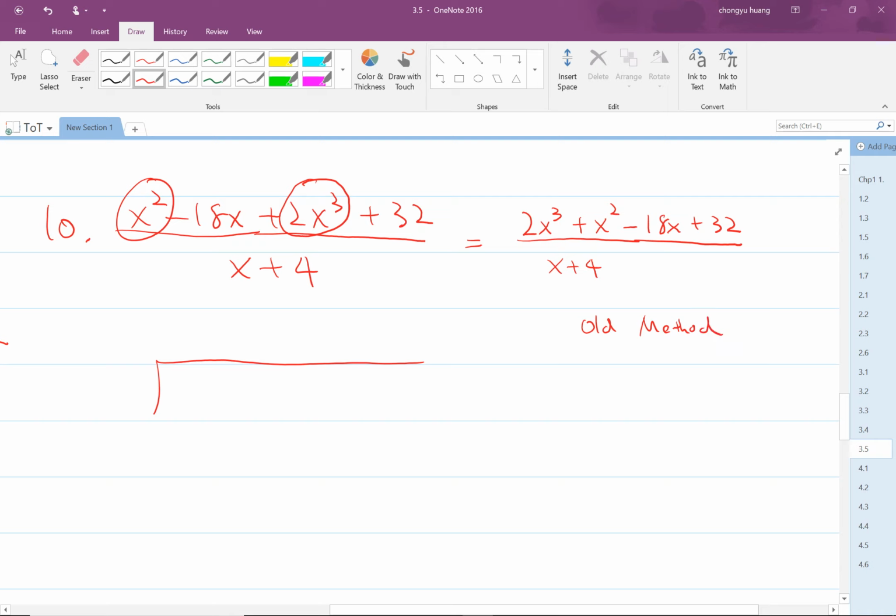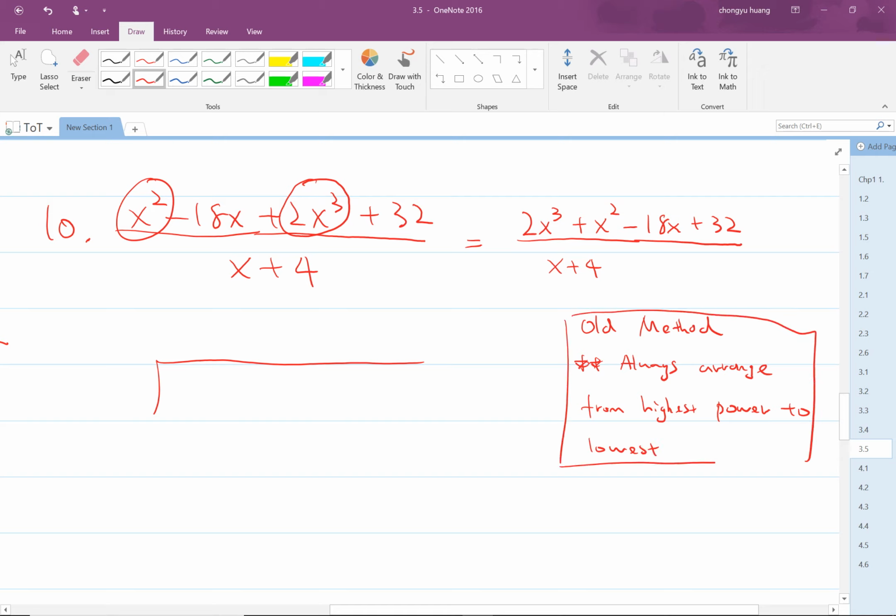Old method: always arrange from highest power to lowest power.